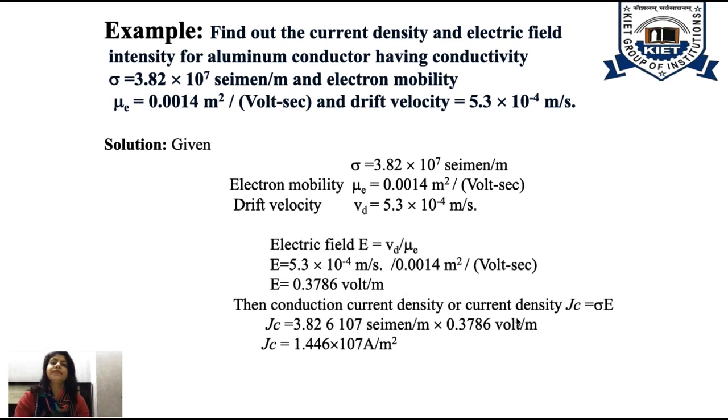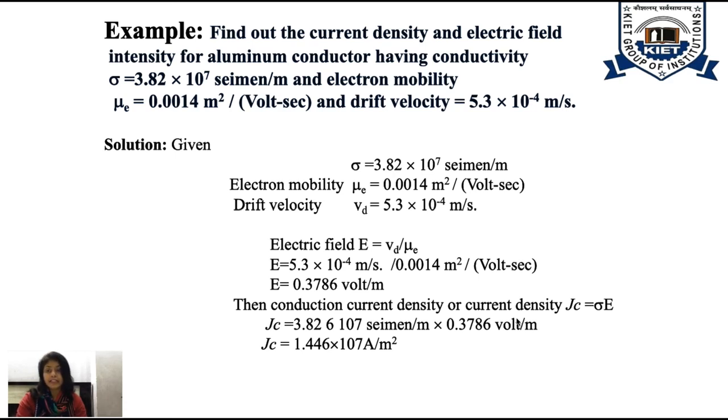Next example is find out the current density and electric intensity for aluminium conductor having conductivity sigma is equal to 3.82 into 10 to the power 7 Siemens per meter and electron mobility mu e is equal to 0.014 meter square per volt per second. And drift velocity 5.3 into 10 to the power minus 4 meter per second. Now we have conductivity, mobility and drift velocity.